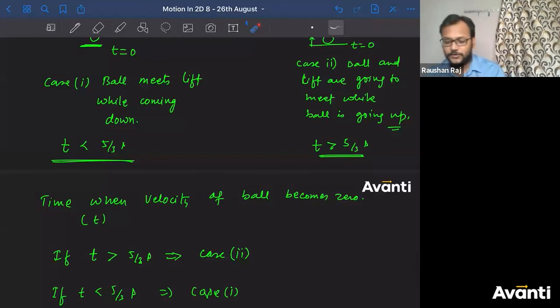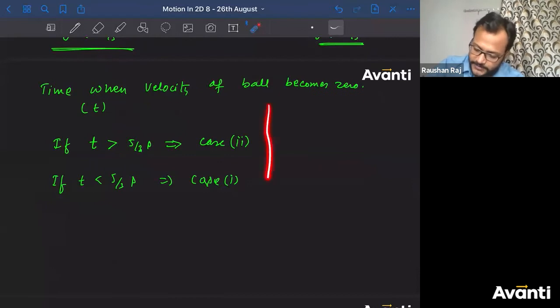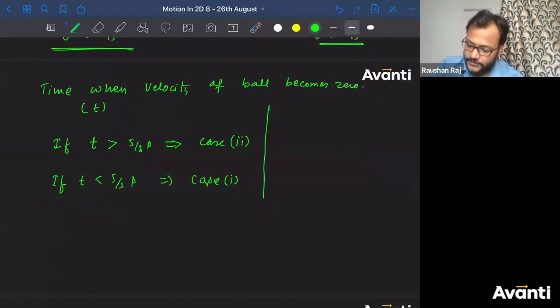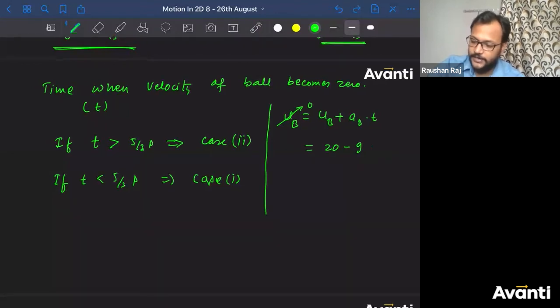Very good, bacha. Chalo. So now let us find out what is the time taken by the ball to reach maximum height or to have zero velocity. So, क्या करेंगे? The velocity of ball is equal to ub plus ab into t. This should be 0. ub is equal to 20 minus g into t. g is what? 10 into t.